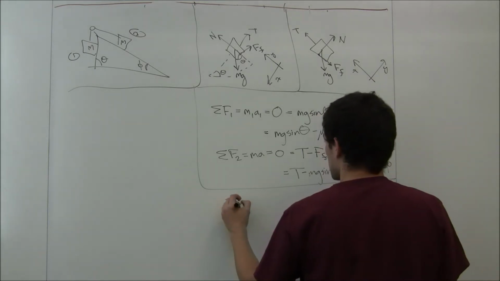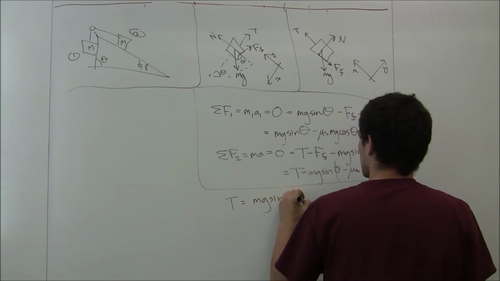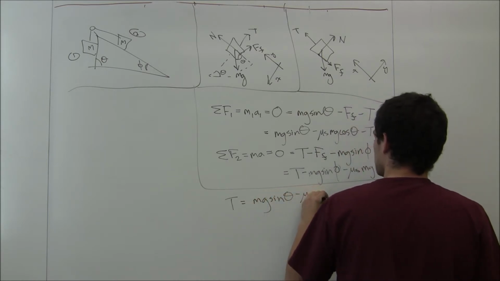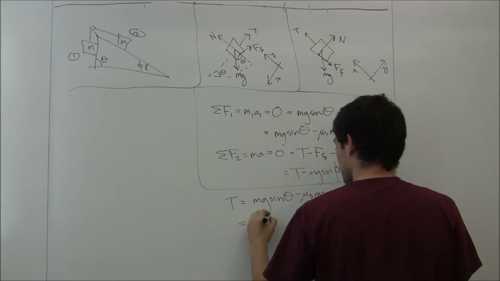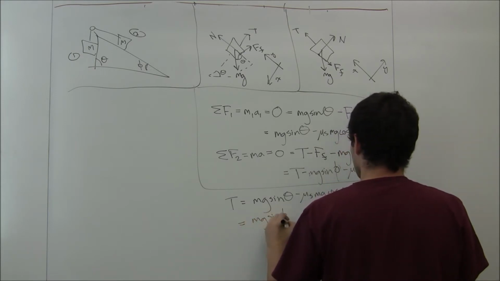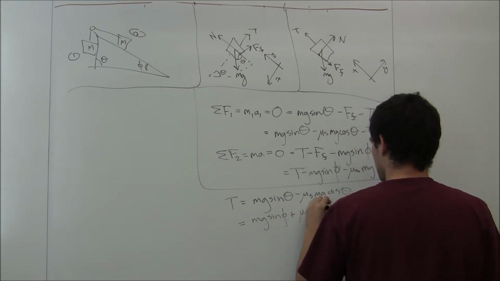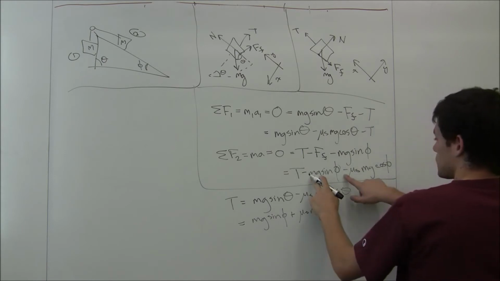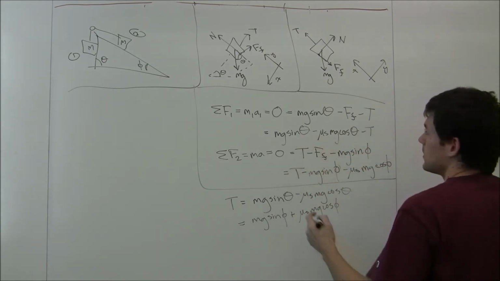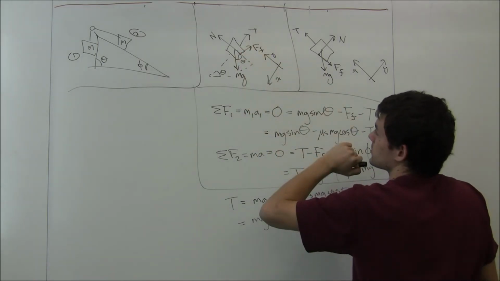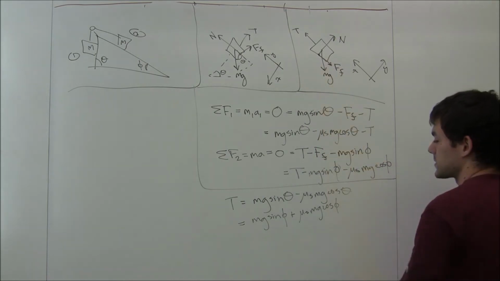So this tells us that the tension is equal to mg sine theta minus mu sub s mg cosine theta, but it is also equal to mg sine phi plus mu sub s mg cosine phi. Notice that these two terms have the same sign, while these two have opposite signs. And that's because on one hand the force of friction is helping tension, and on the other hand the force of friction is opposing tension.